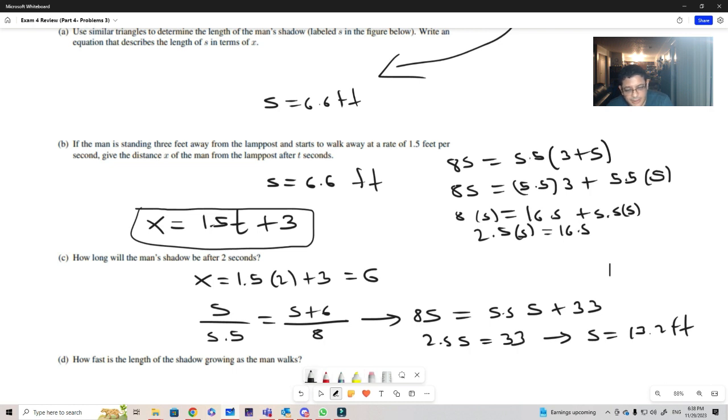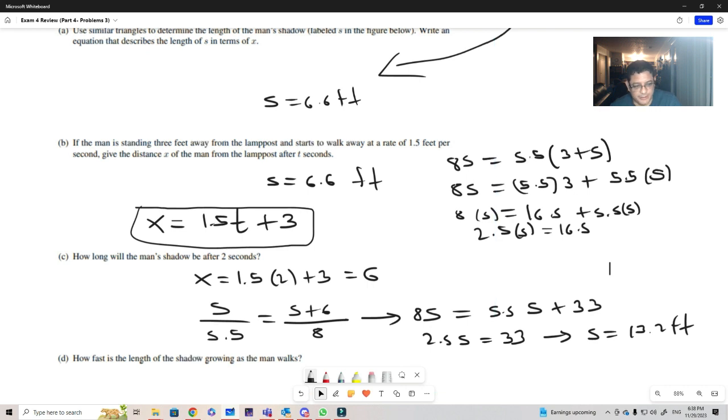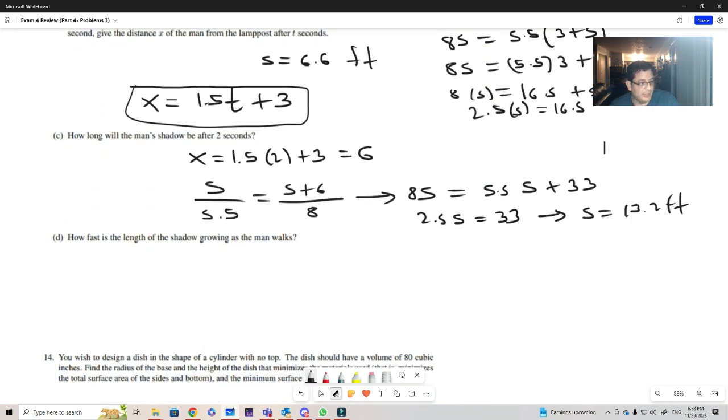Finally, we want to know how fast the length of the shadow is growing as the man is walking. And so to check that, we can check a couple points. So we start with t1 equals 0, and we go with t2 equals 2, since we can check after 2 seconds.